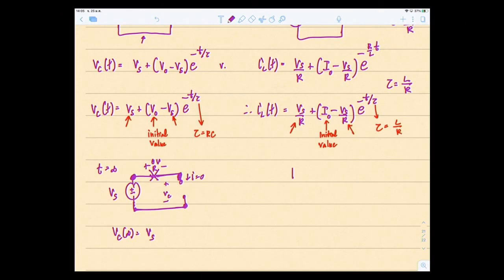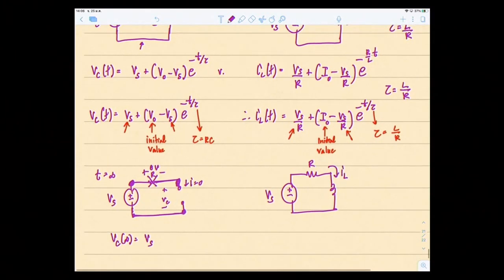What is this circuit? This is Vs, this is R. The current IL. For an inductor, this is apparently a DC signal, DC values. So IL would be constant. At t equal to infinity, IL would be constant for sure.